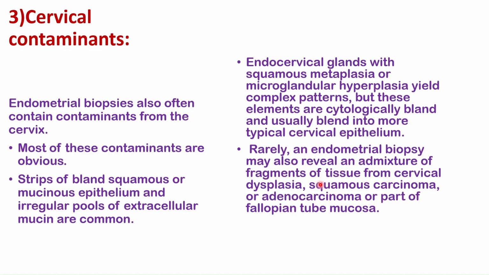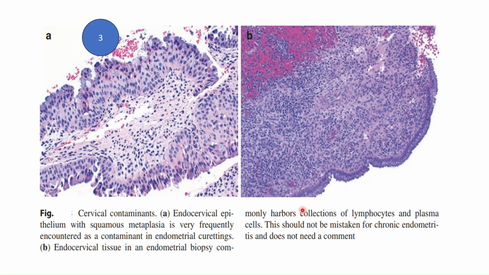Rarely, an endometrial biopsy may also reveal an admixture of fragments of tissue from cervical dysplasia or carcinoma, and there may be chances of having fallopian tube mucosa in the biopsy.